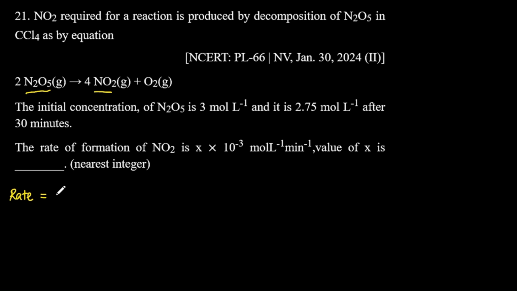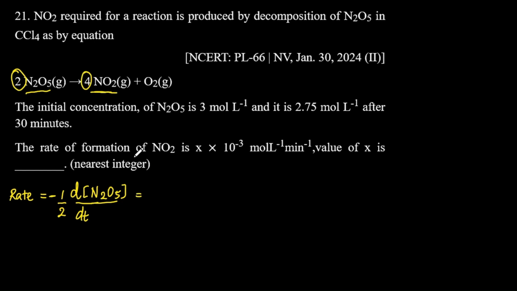The rate of disappearance of N2O5 is given by negative change in concentration of N2O5 divided by change in time. And here you have the coefficient 2, so you have to multiply by 1 by 2. So, rate of disappearance of N2O5 is minus 1 by 2 into change in the concentration of N2O5 by the change in time, which is equal to formation of NO2.